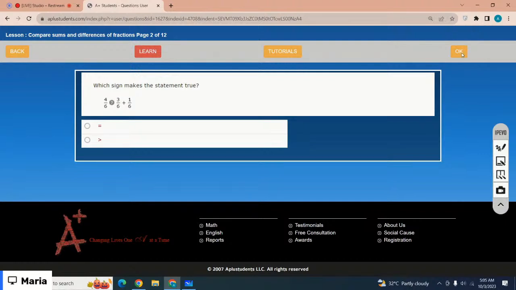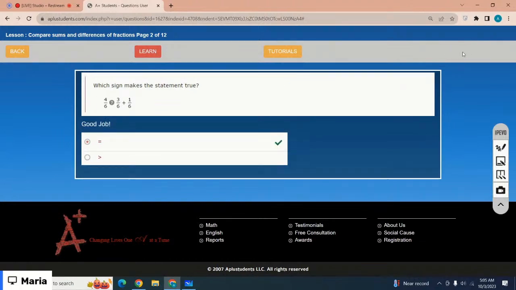You can solve the question in your notebook and let me know the answer. When you add 3 by 6 and 1 by 6, that is 4 over 6, right? So both sides are exactly equal. Yes, that would be equal.